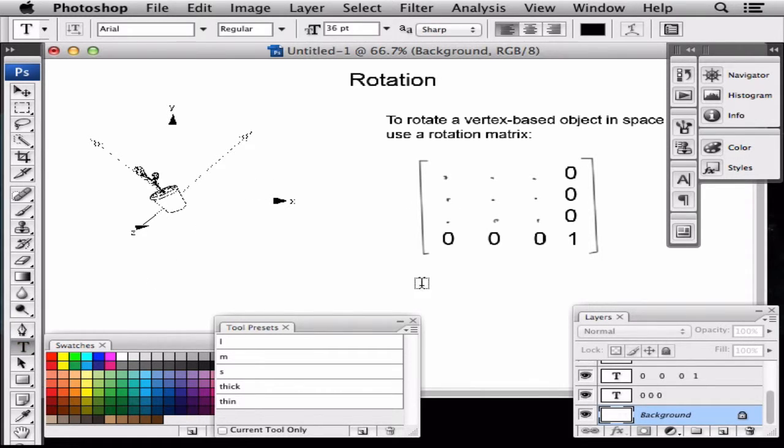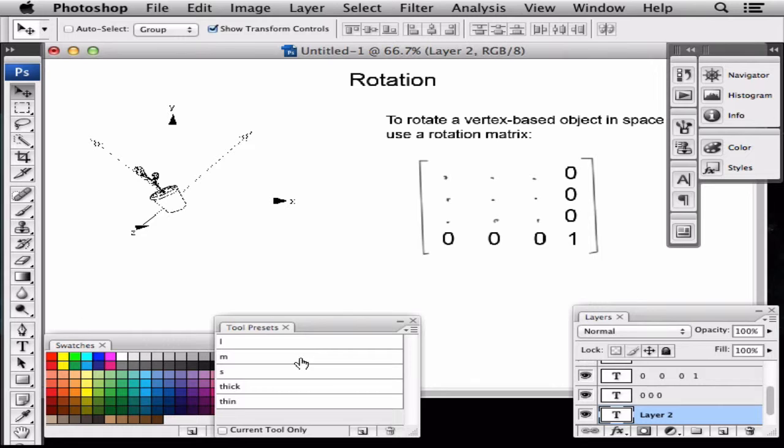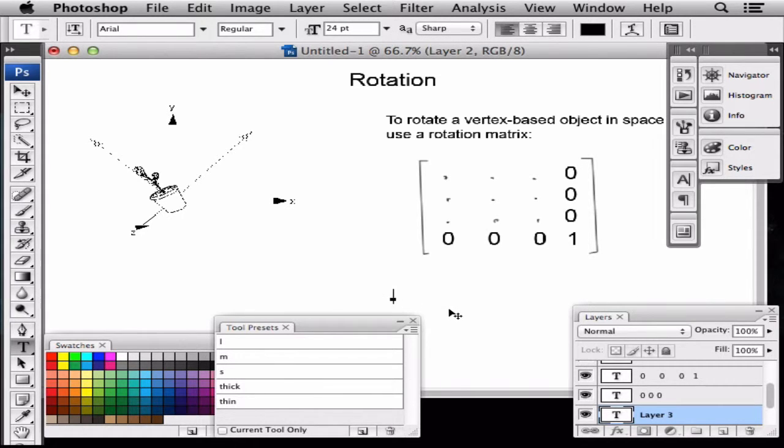But if in this place here we put a 3x3 rotation matrix, which we calculate from the desired rotation we want to do, then it becomes a proper rotation.